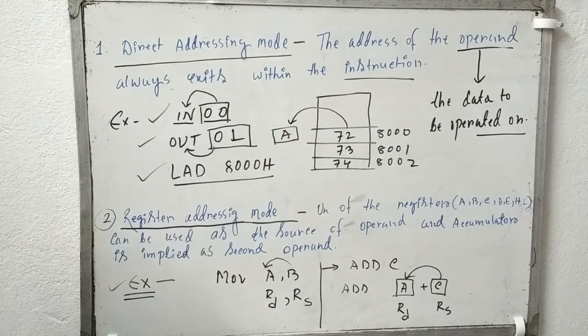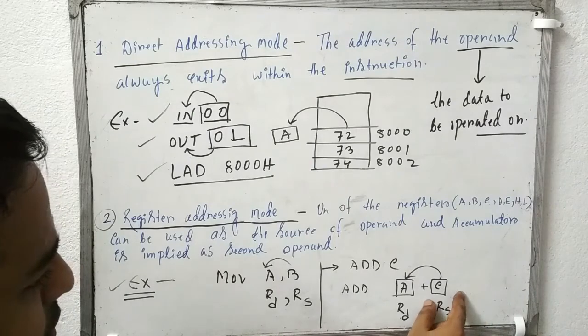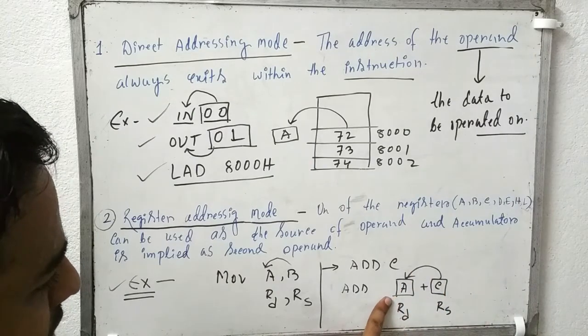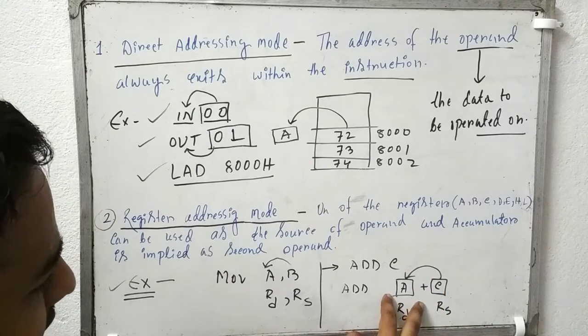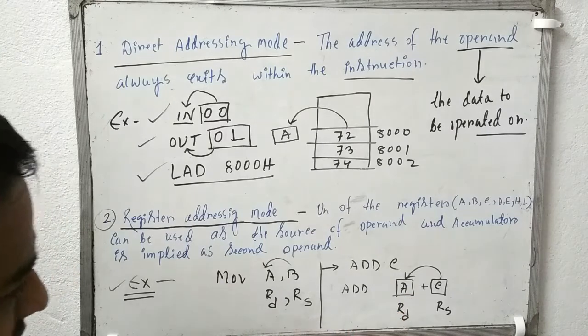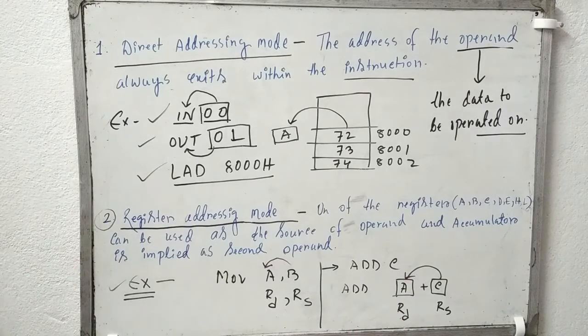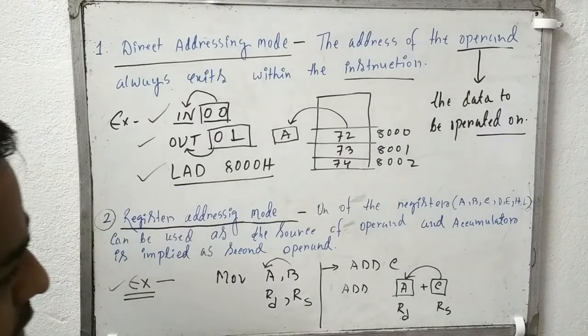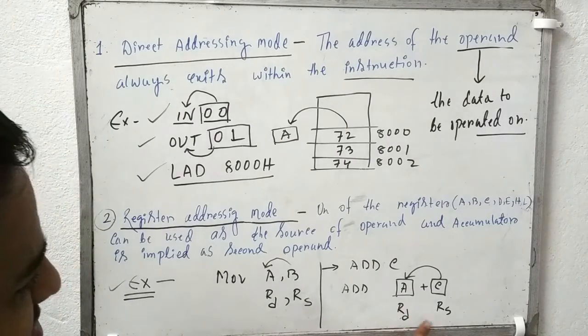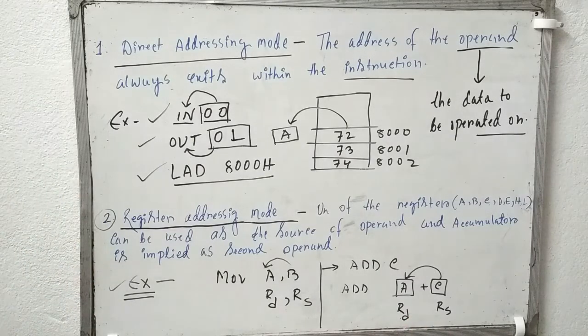You take that value and add it to the value in register A, and store the result also into register A. Source register, destination register: these are all examples of register addressing mode. Okay, let's take another example.